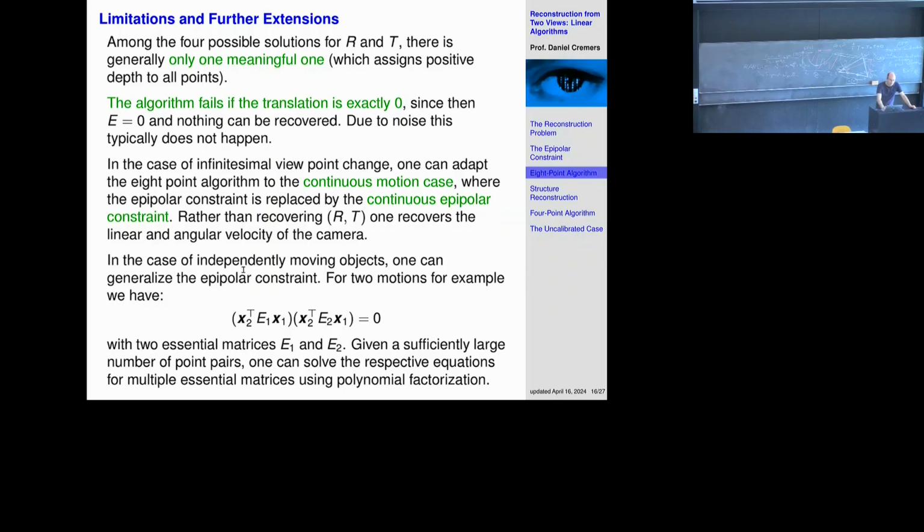Next comment is that sometimes I talked about it, that we assume the world is static, but in fact you can also assume that the world moves. Let's say you have a static scene and a car that drives through. Then what you care about is, first of all, you have two frames, frame at time 1, time 2.